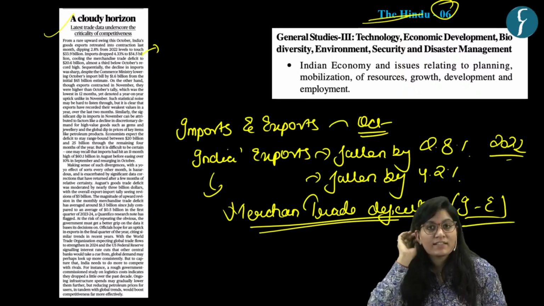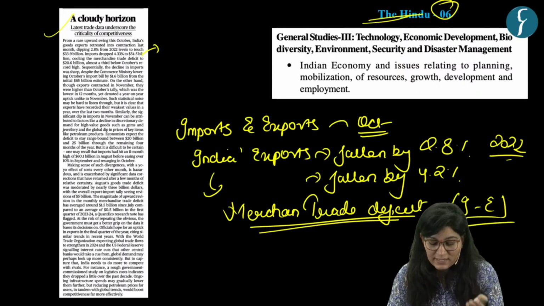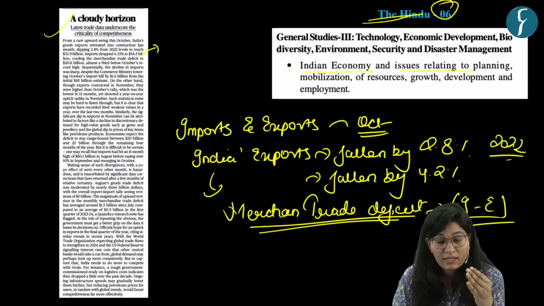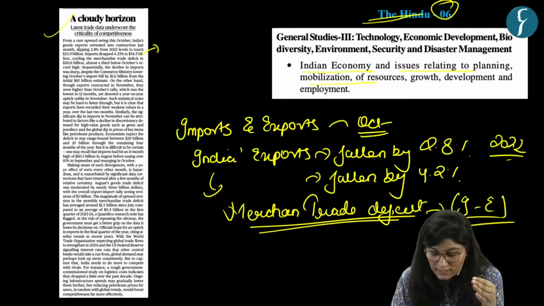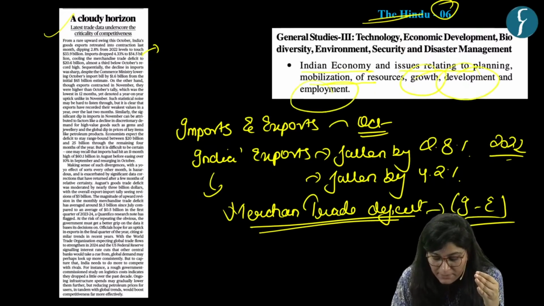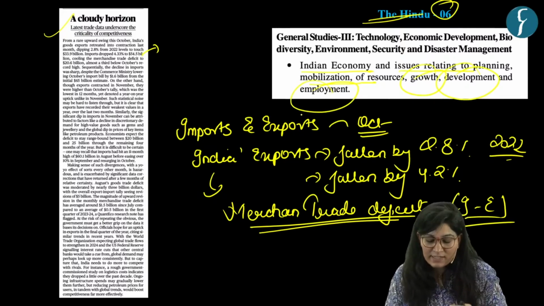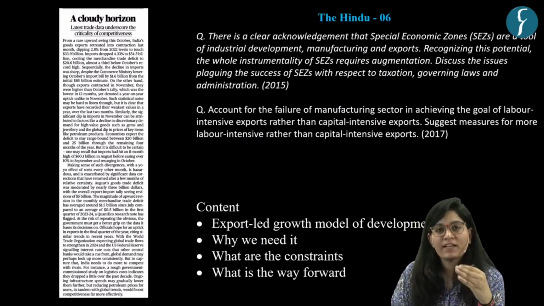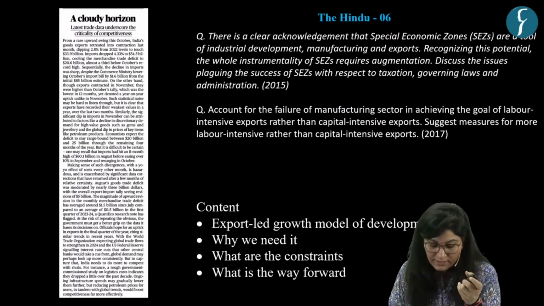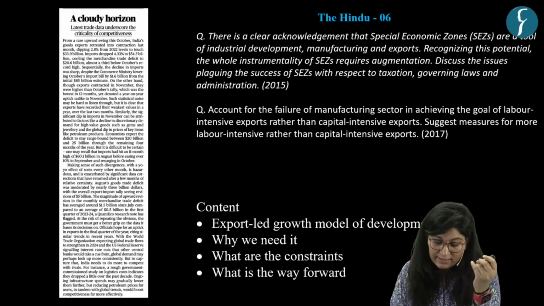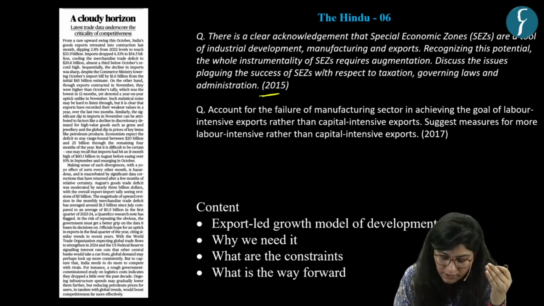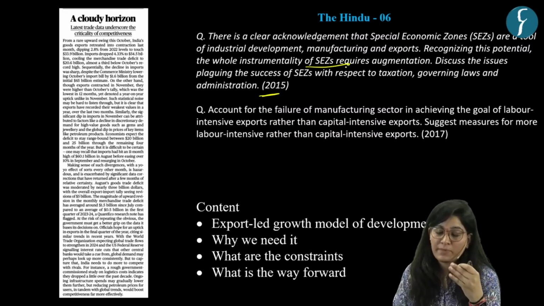Also, why we have taken this article for your mains discussion: because the Indian economy and issues related to planning, mobilization of resources, growth, development, and employment are mentioned in your syllabus under GS paper 3. Also, UPSC has been asking questions based on different aspects related to growth and development. Like in 2015, UPSC framed a question with respect to special economic zones.